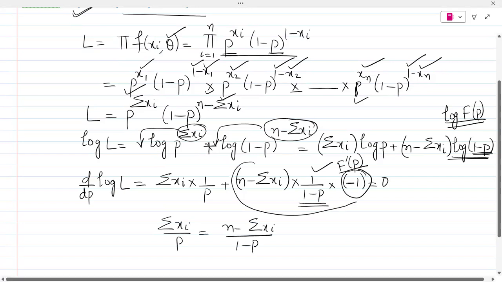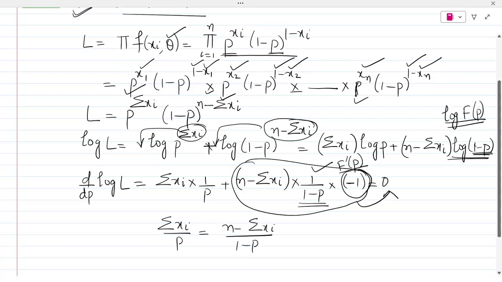Cross multiplying, we get summation xi minus p summation xi equals np minus p summation xi.